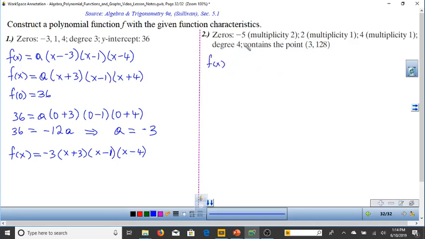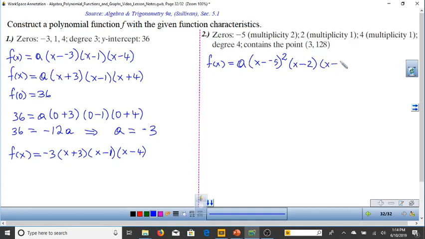Another example, similar situation. We know the zeros and the multiplicities, but we don't know the leading coefficient. So we're going to write a for the leading coefficient. We have x minus -5, and that multiplicity is 2. Then x minus 2, that multiplicity is 1.